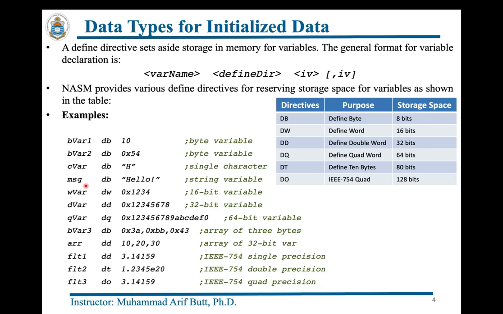And over here this arr is an array of 3 double words at some contiguous memory location, and these last 3 define directives actually define floating point variables in single, double and quad precision.